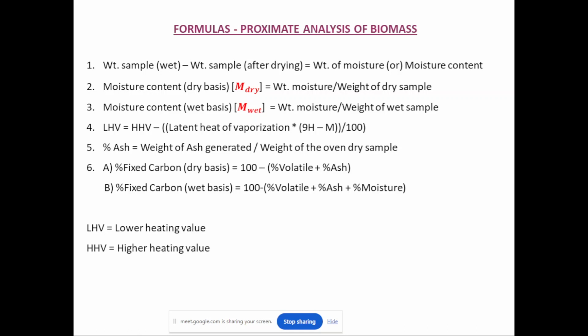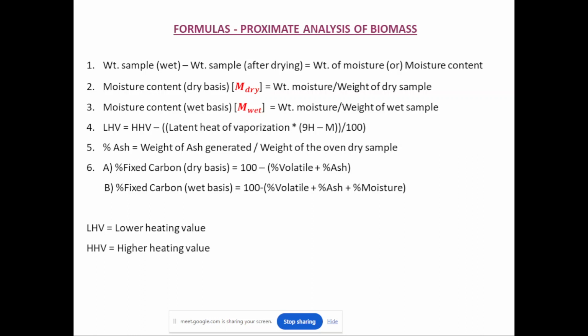But fixed carbon is something that remains in your biomass sample even if you increase your temperature to a very high amount. The carbon that remains in your sample without getting volatilized is the percentage of fixed carbon in your sample.